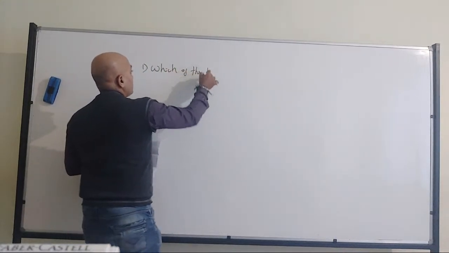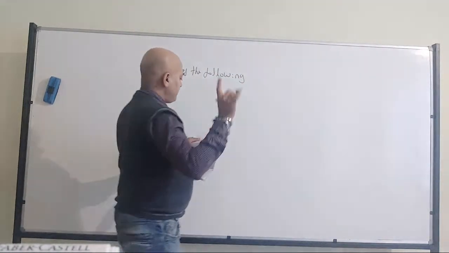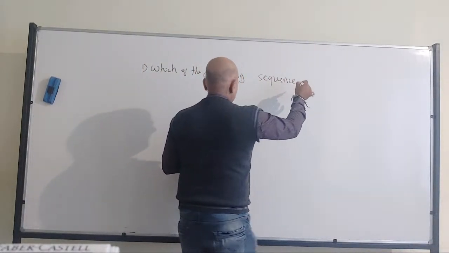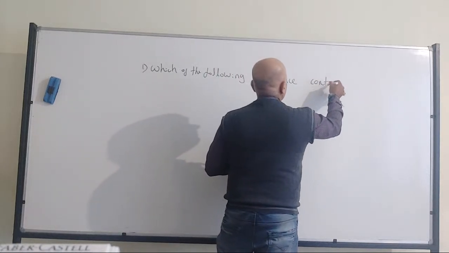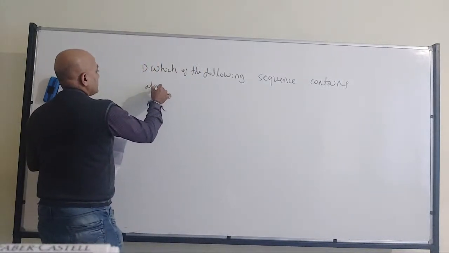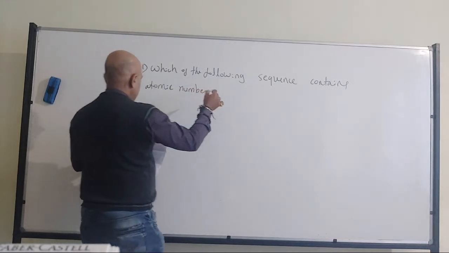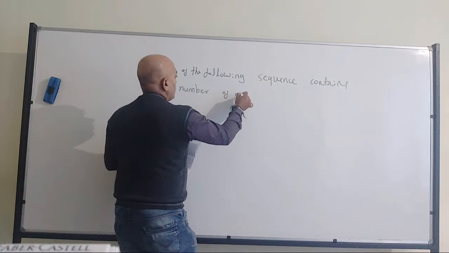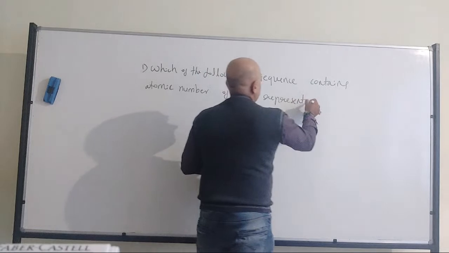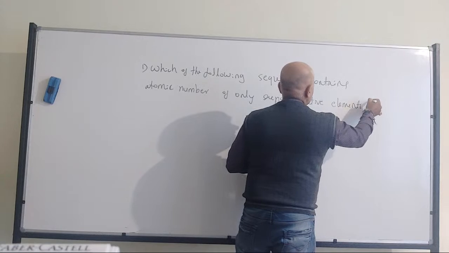Which of the following? You can write it down. You can maintain one notebook for this. Which of the following sequences contains atomic numbers of only representative elements?